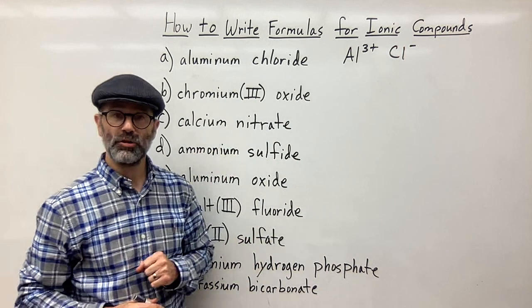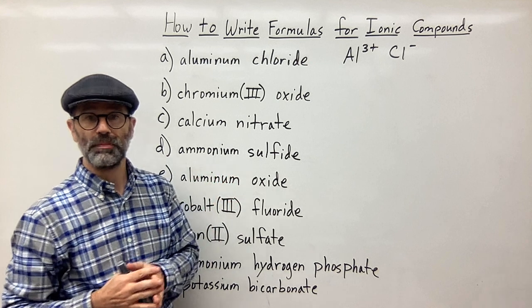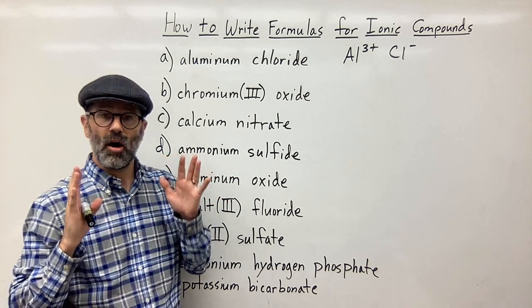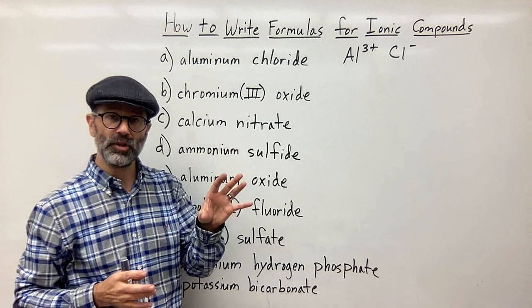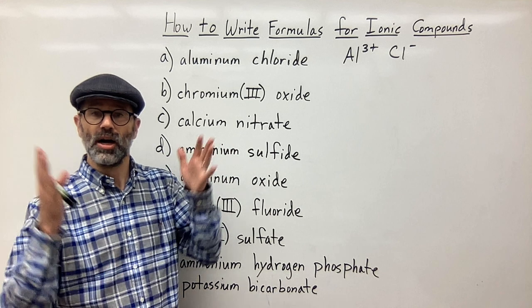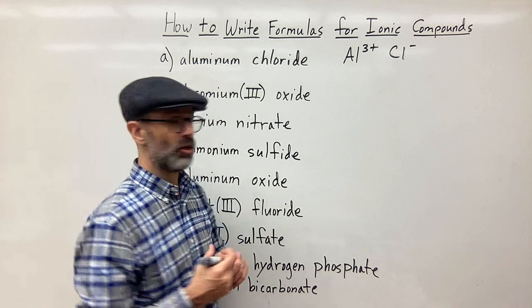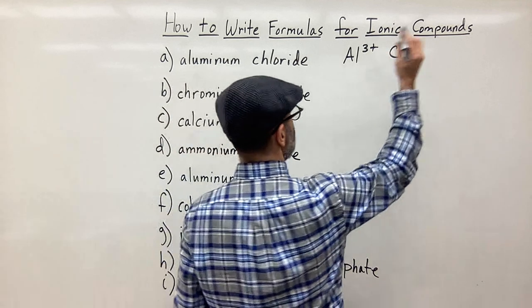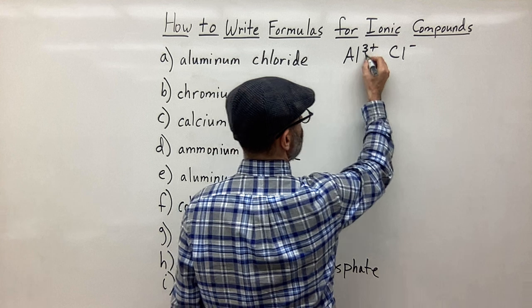Now we do the crisscross method to get the compound that is neutral. So remember, all ionic compounds have neutral charge, which means the total positive charge and the total negative charge are equal. So to make sure that happens, we do the crisscross method. So what is that method? We're going to take the number of the charge for the aluminum, the positive ion.